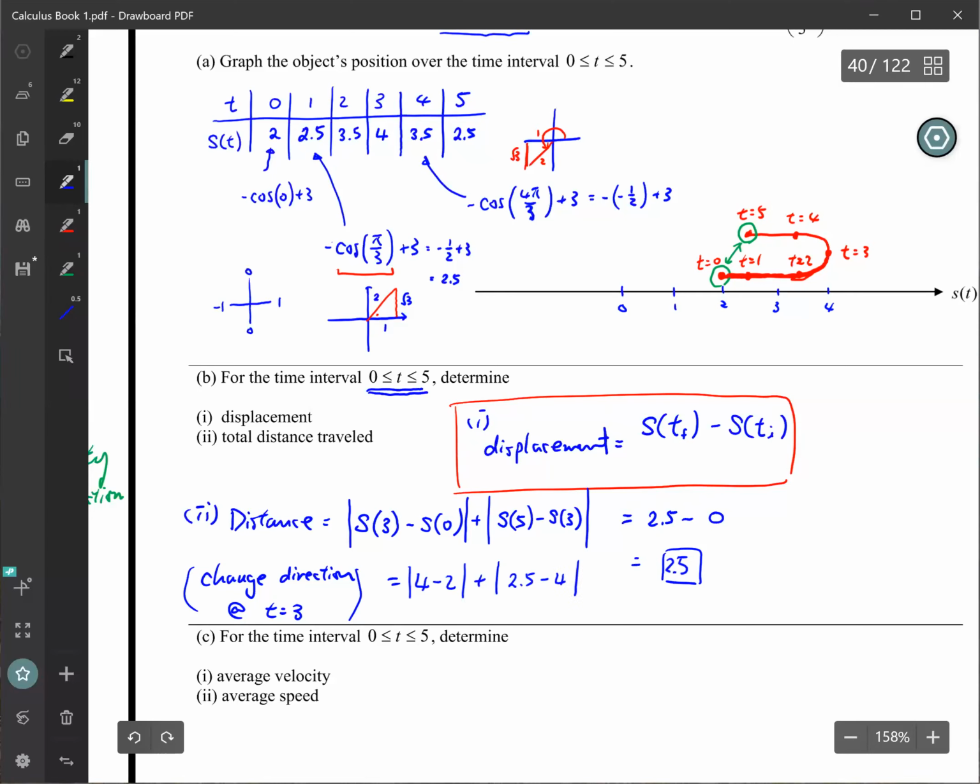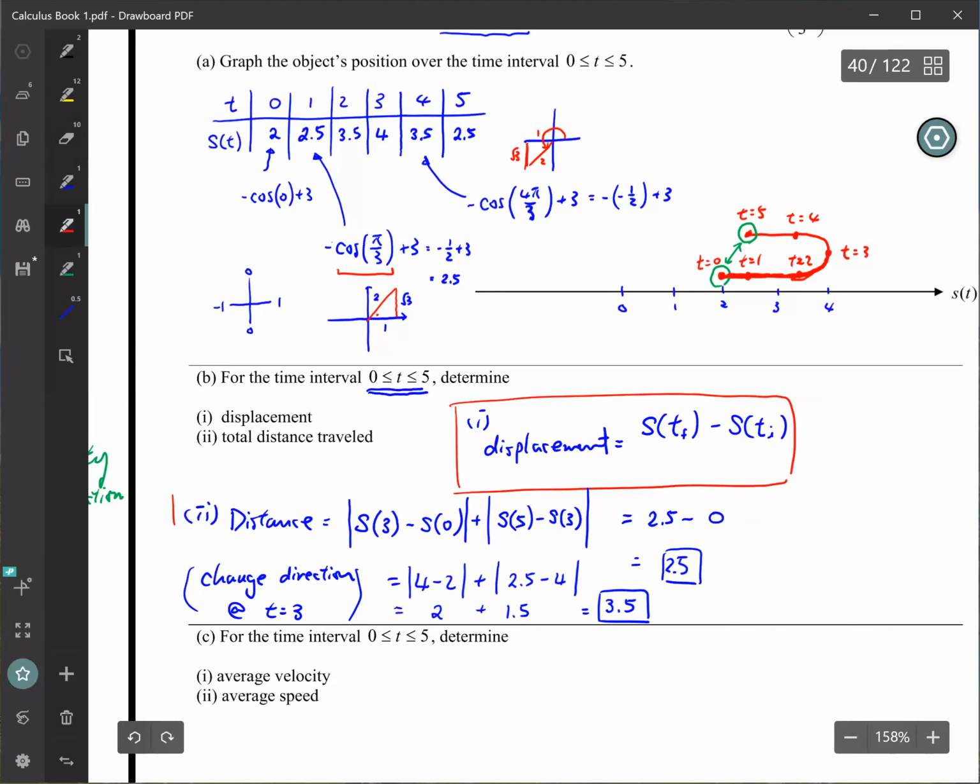So you always take the final minus initial, but because of absolute value, it will make it positive. So 4 minus 2 is 2, so it travels 2 units. And 2.5 minus 4 is negative 1.5. Make it positive, so 1.5. So that will give you a distance of 3.5. Okay, so that's the second one.